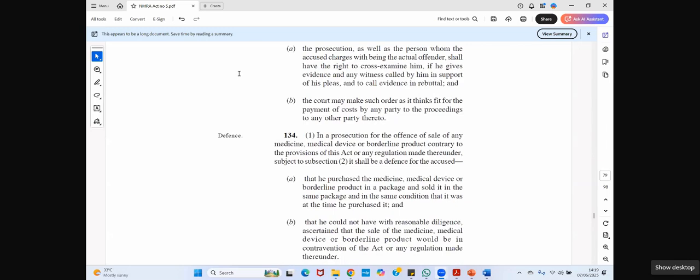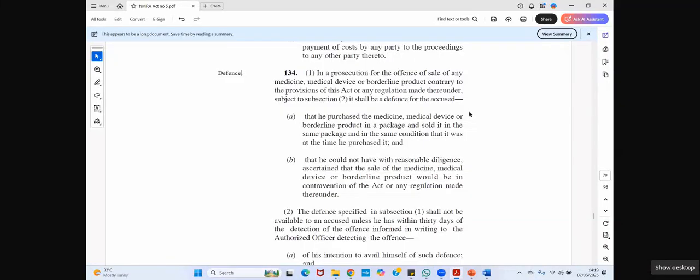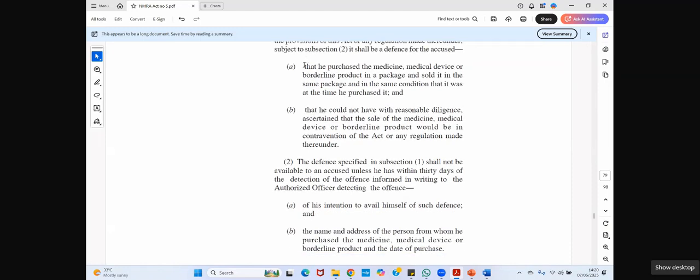So the defense in a prosecution for the offense of sale of any medicine, medical device, or borderline product contrary to the provisions of this act, or any regulation made thereunder, subject to subsection 2, shall be a defense for the accused that he purchased the medicine, medical device, or borderline product in a package and sold it in the same package and in the same condition that it was at the time he purchased it, right?